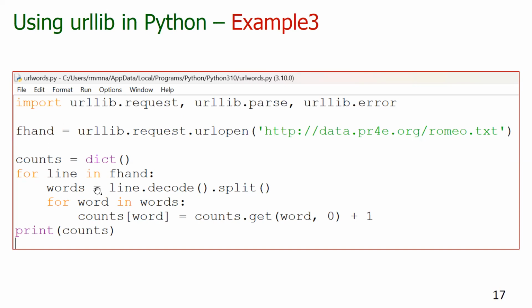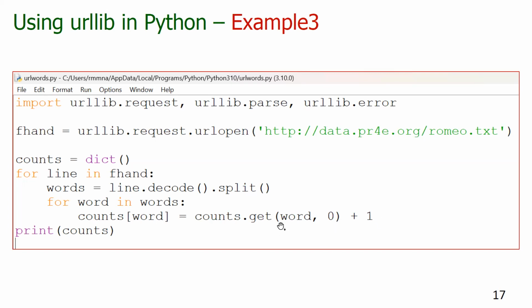Then we are finding the words using line.decode, then splitting with decode.split. Then for word in words, that means if any word is repeated, then we are displaying the counts of word equal to counts.get of word comma 0 plus 1.